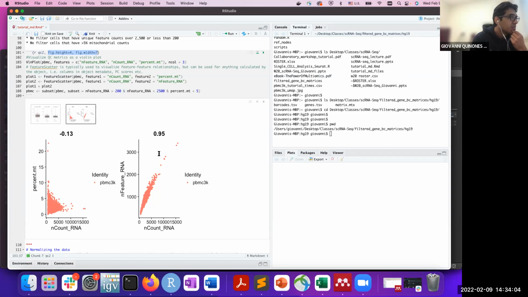And in the second panel, we have on the y-axis the feature count, or the count of genes, and on the x-axis we have the RNA count. This plot shows how these two variables relate to each other, and you see that it's roughly a linear relation.